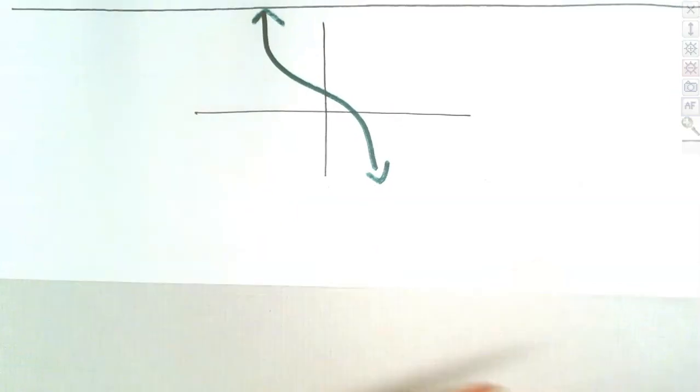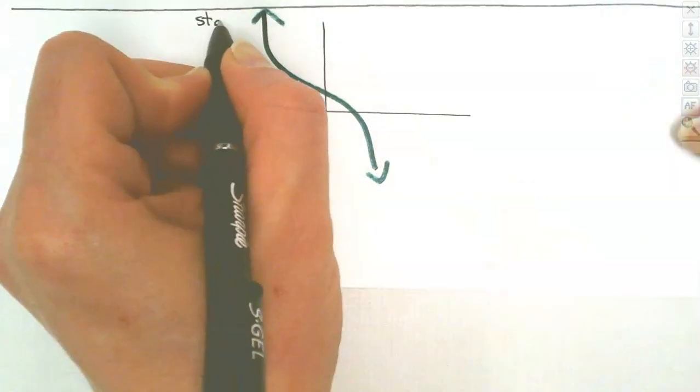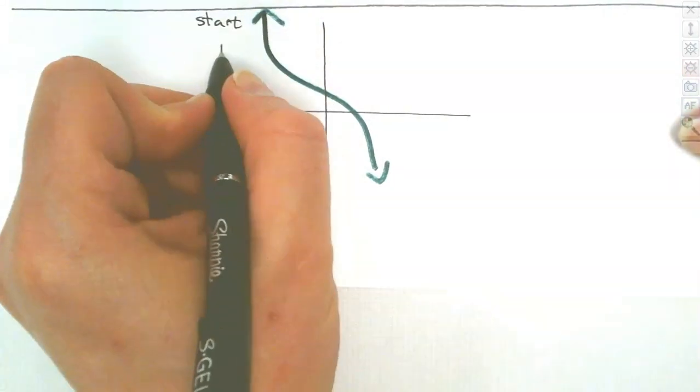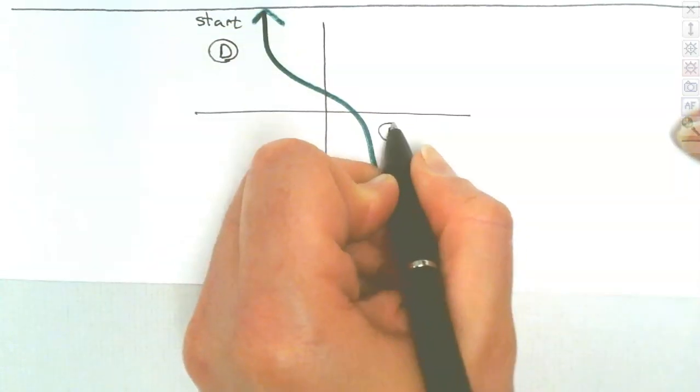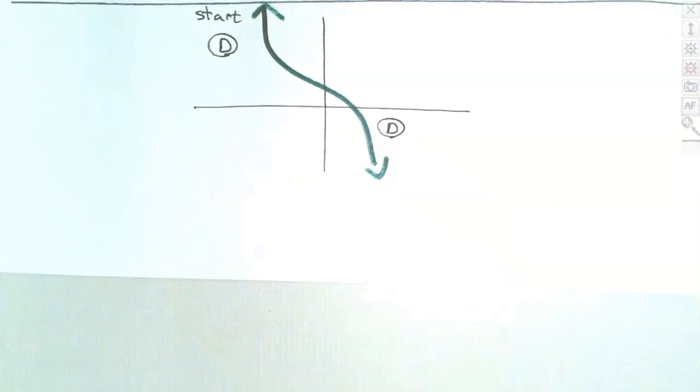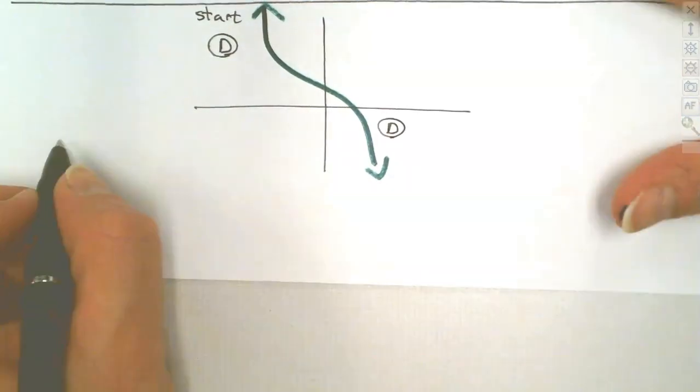So what do we notice about this one? Well, if we start up at the top, it's decreasing here, and it's decreasing there. Does it ever stay constant? Does it ever have a flat spot? Nope. Does it ever go back up? No.